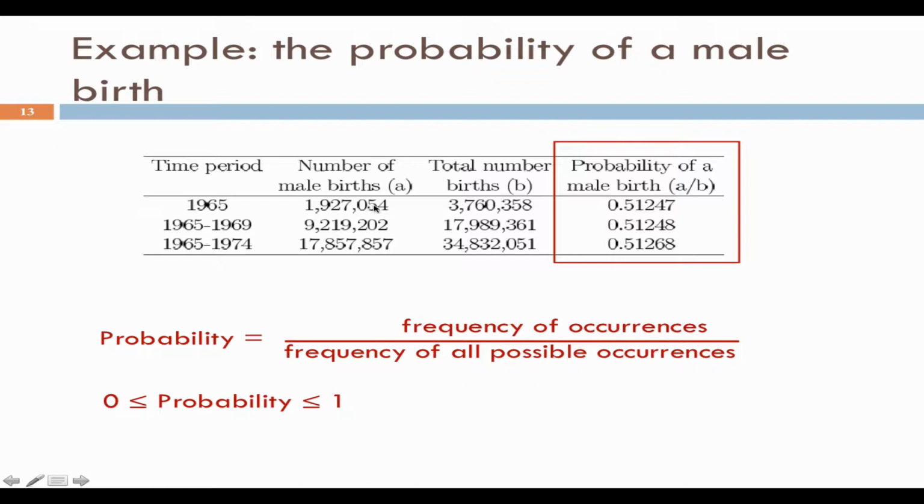The ratio between A and B would be the probability of a baby turning out to be a boy. If you estimate that, you get 0.51 in 1965, and then you get 0.512, a very similar number, in a different time period. And in the third time period, you also get a very similar number.